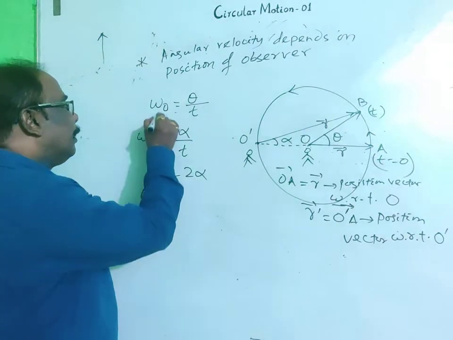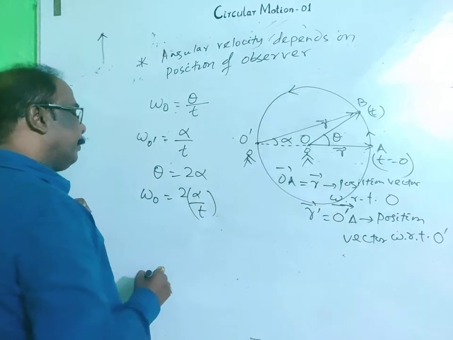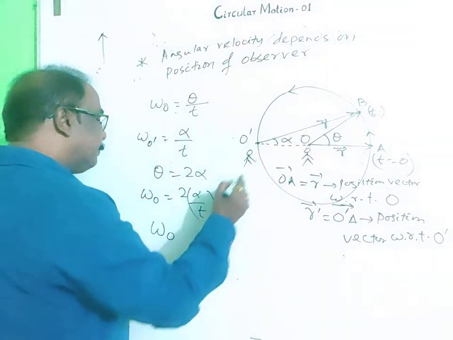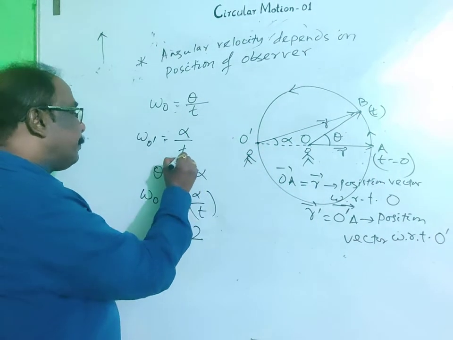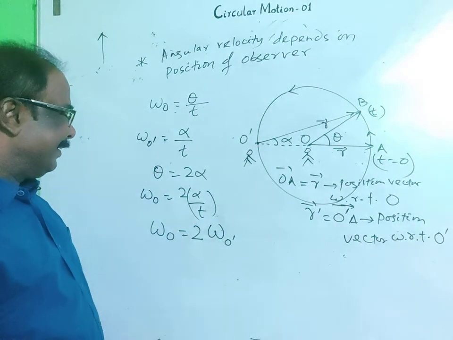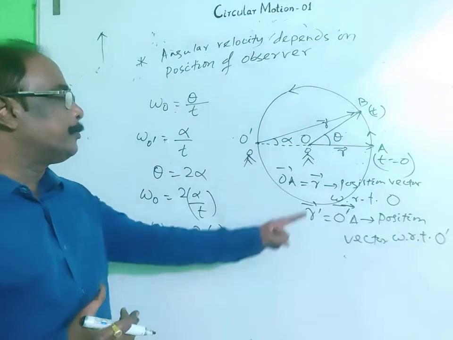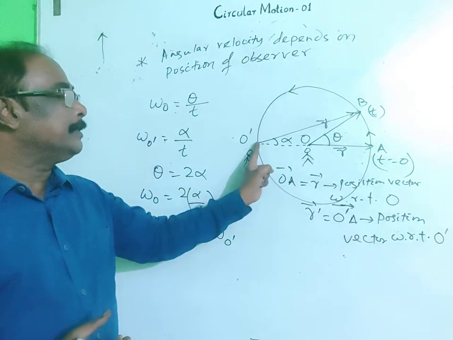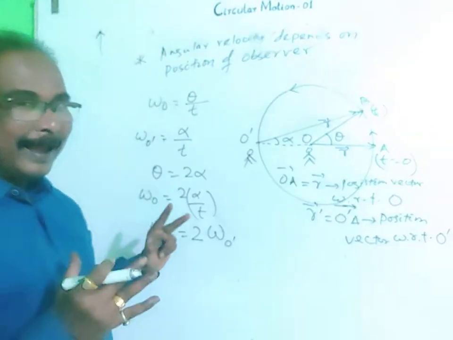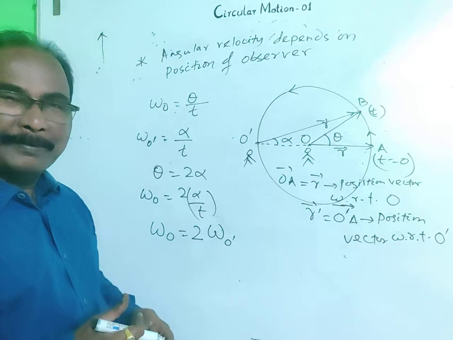So angular velocity observed by O is 2 alpha by t, while angular velocity observed by O dash is alpha by t. So the magnitude of angular velocity depends on the position of the observer. If there are two different positions of the observer, then the angular velocity or angular displacement observed by the observers are different. This is the concept.